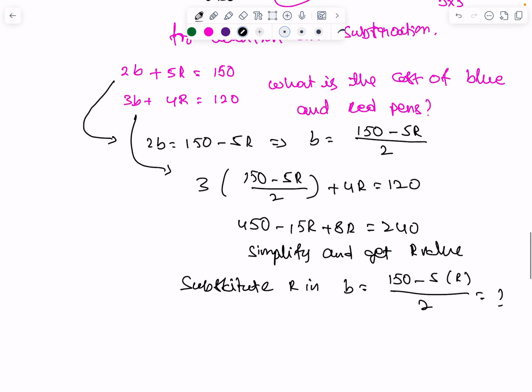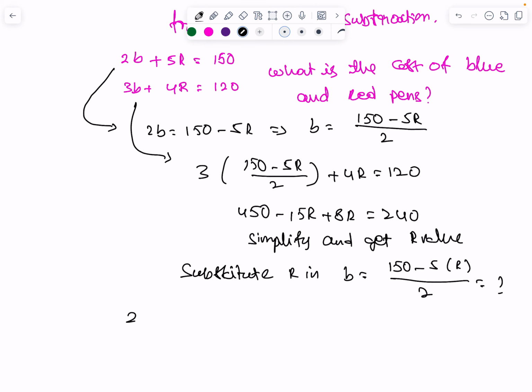Or if you don't want to use this particular method, substituting the other value, then I can do the other method. So this is one set of equations. The other set of equations is 120. Now I want to eliminate b first.